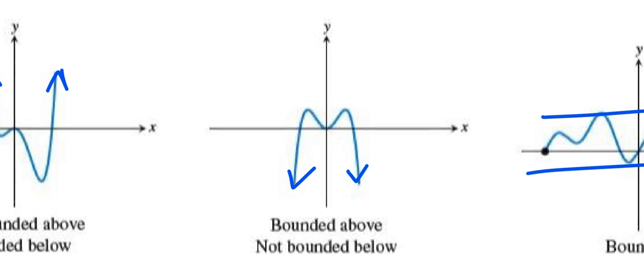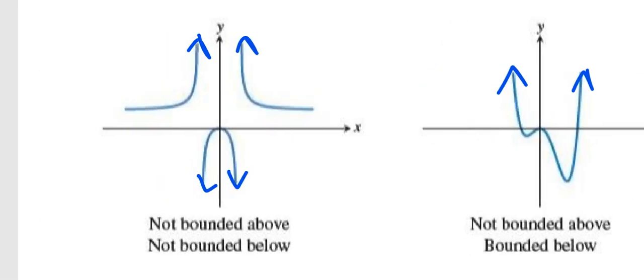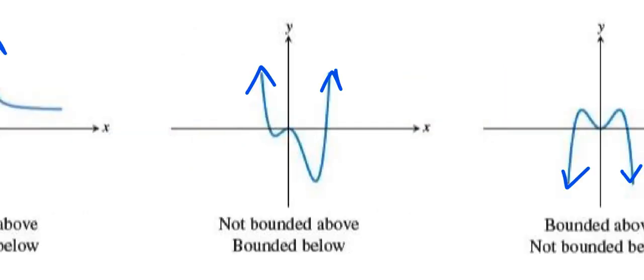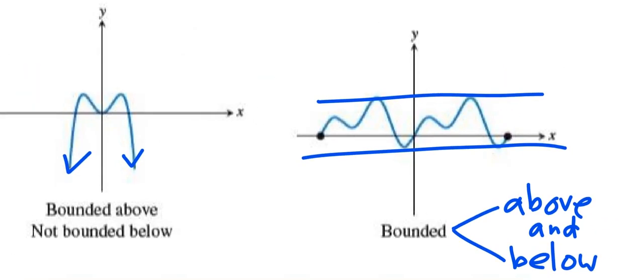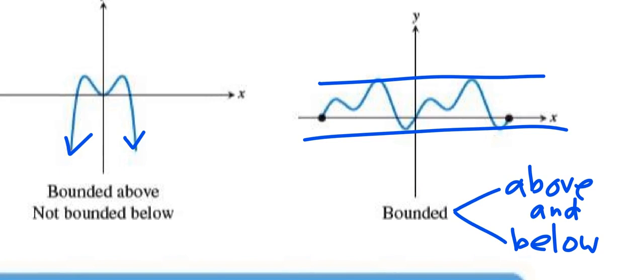It could be a horizontal asymptote. It's not in this case. These have actual high values on the y side. If there's no boundary top or bottom, we say it's not bounded at all. This one is completely bounded above and below, so they just use this single term bounded.